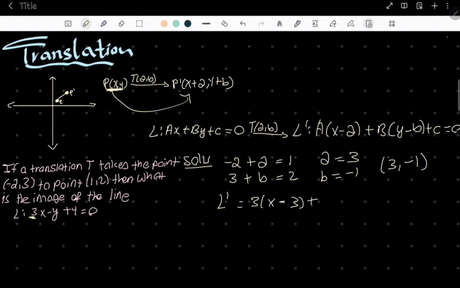Then plus, and on the outside, we're going to put B. In this case, B is -1, the coefficient of our y coordinate, and then y minus our translation vector, which is -1.